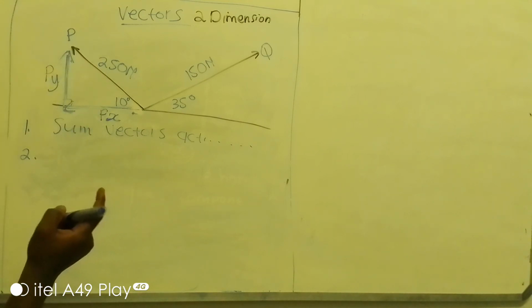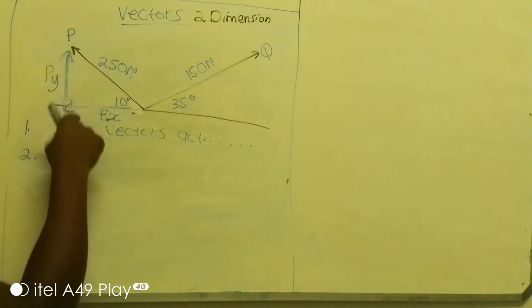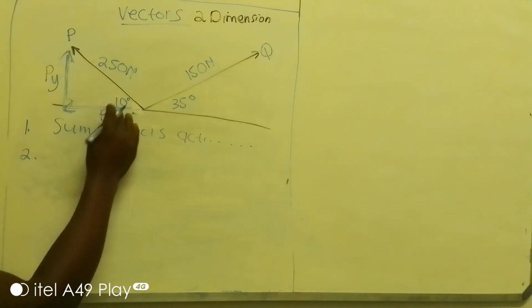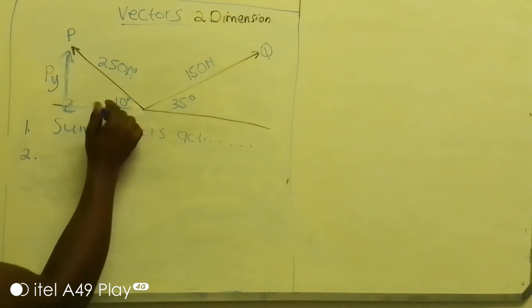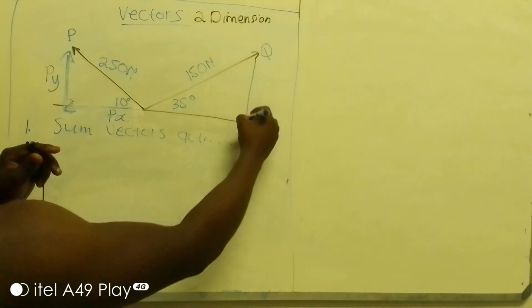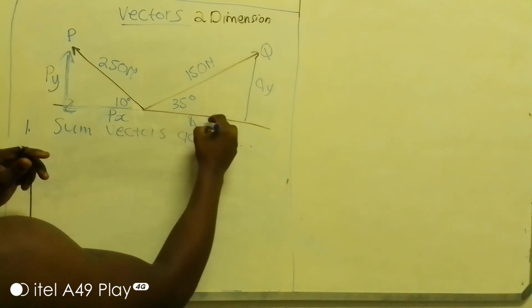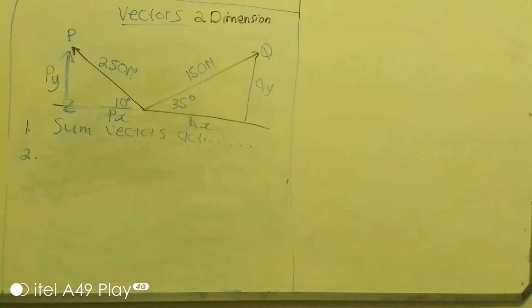Remember from the first part: this side is vertical, Py, and this side, the horizontal, is Px. I made a mistake. So the other side will be Qy, and this one is Qx. I hope that is sorted. So the sides we want are Py and Px when they ask for the horizontal and vertical components.